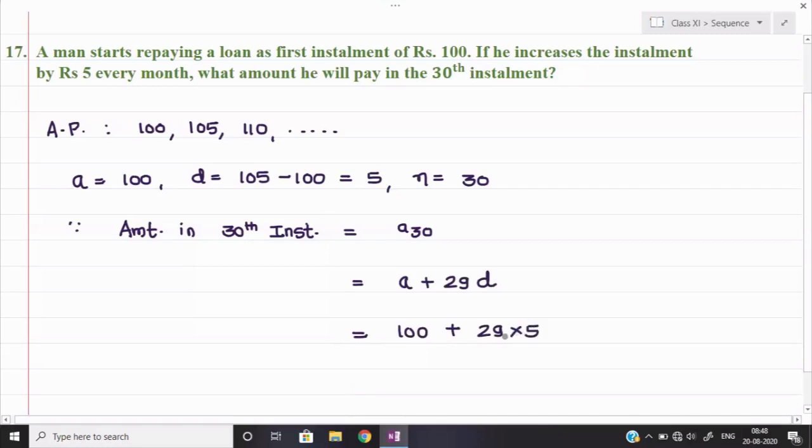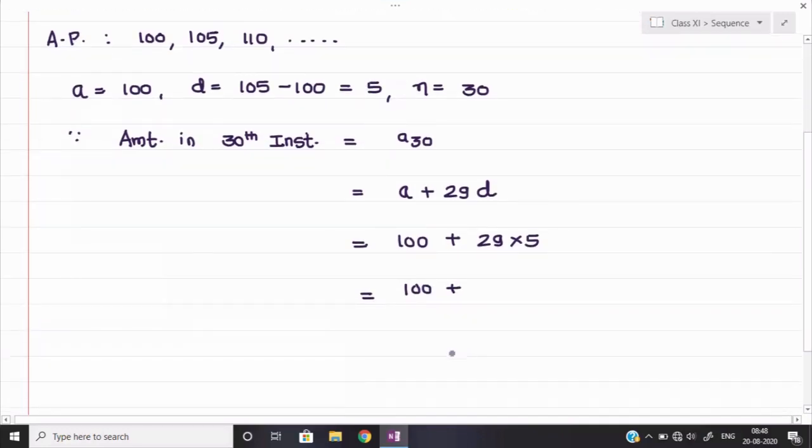Now 29 into 5, I think it will be 145, because 30 into 5 is 150. 5 we can make it less. So I think this will become 145. Okay, and 145 plus 100, that will become here 245. 245 rupees he is going to pay in the 30th installment.